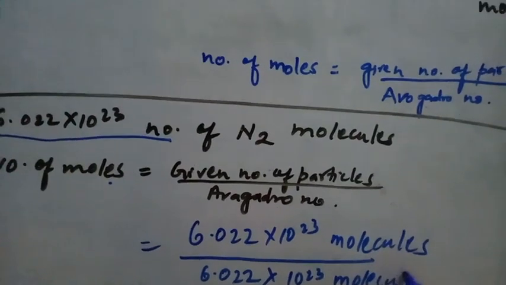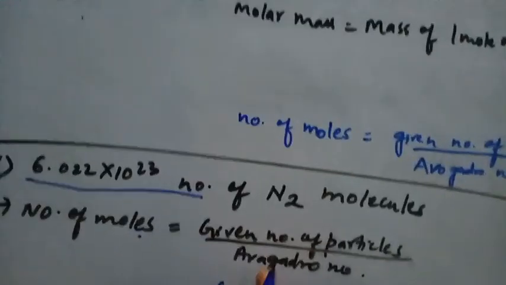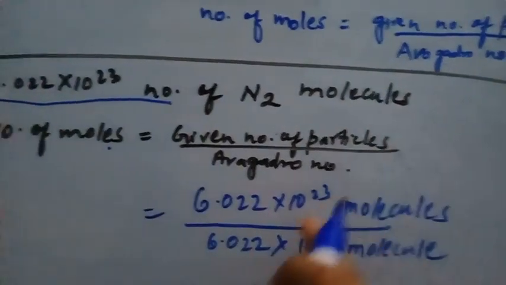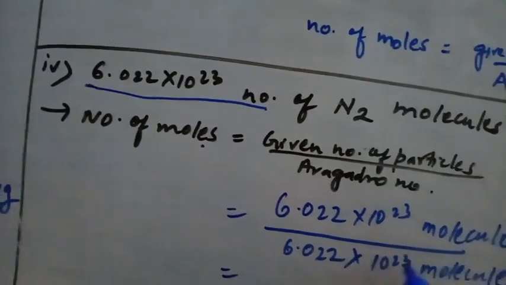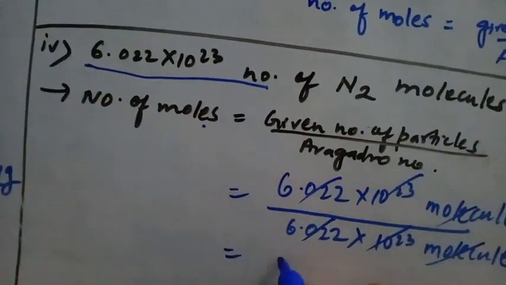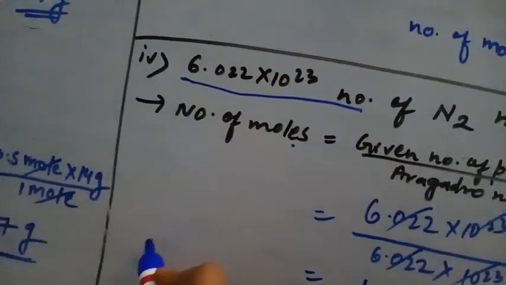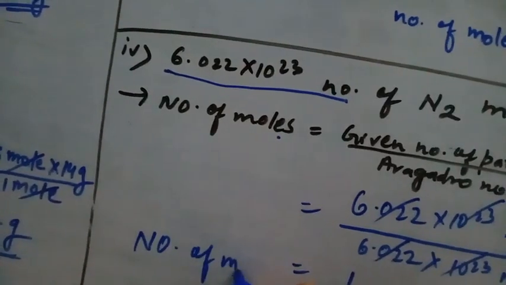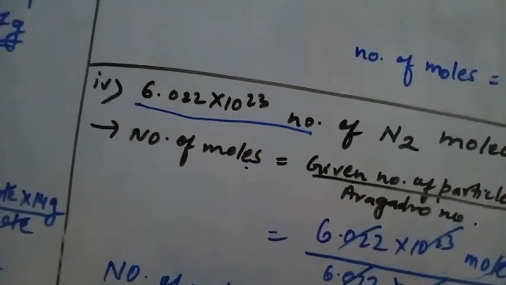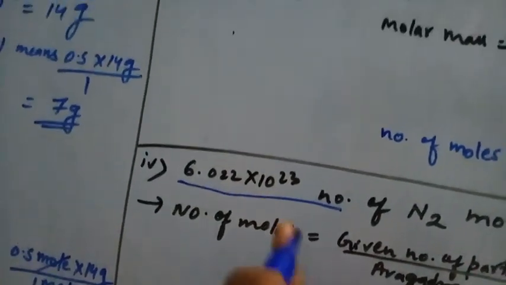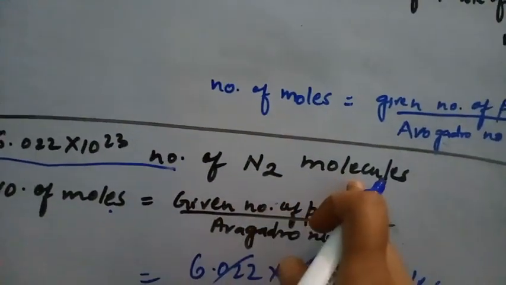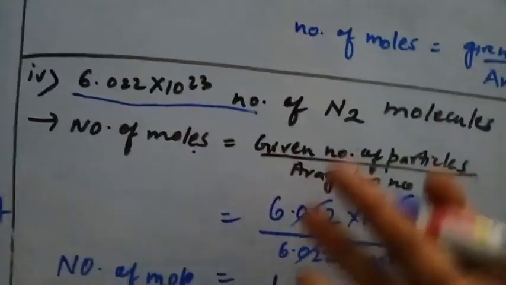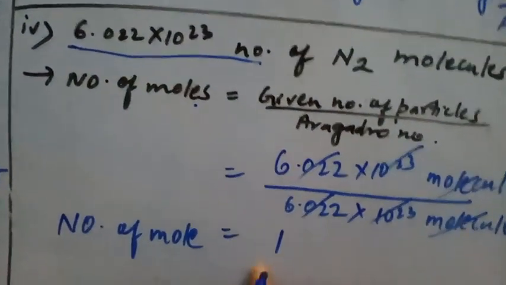Molecules we will write because we are calculating with reference to nitrogen molecules, so Avogadro number will always be in molecules here. So the number of moles we are getting is 1. So 1 mole is contained in 6.022 into 10 to the power 23 nitrogen molecules. That we already know, but by using this formula we got it again.